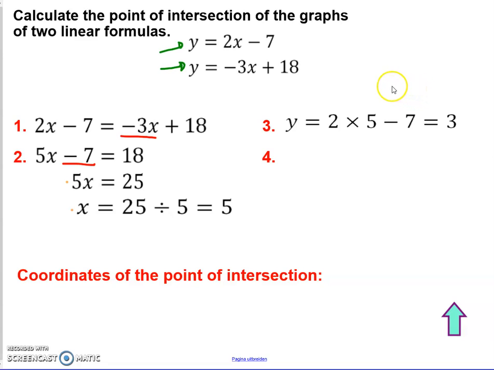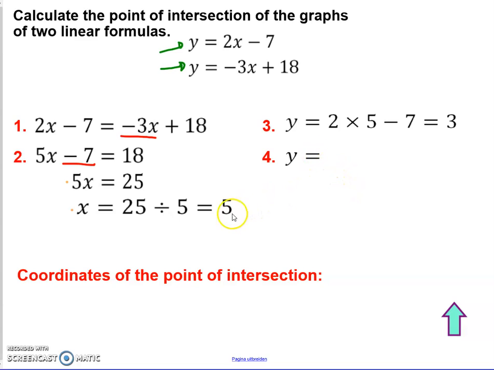So at this point, I really could write down the coordinates 5, 3. But to make sure I did it right, I'm going to check if the second formula is giving me the same solution for y. Then I'm really sure I did well. So I'm going to fill in x is 5, but now in the other formula. If everything went well, the solution will also be 3.